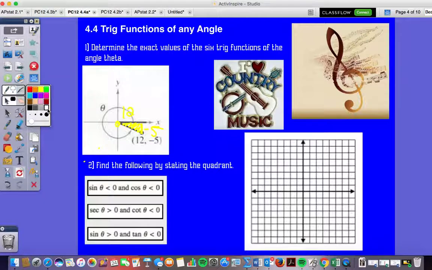My son's name. So Pythagoras would be what we would go after. So 12 squared plus negative 5 squared equals c squared. What did you get when you did that there? What would be c?